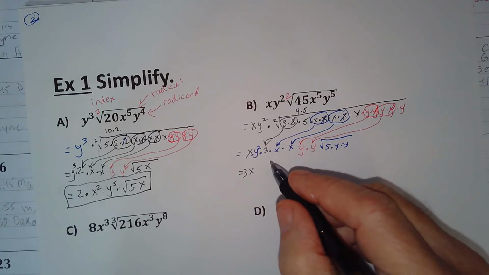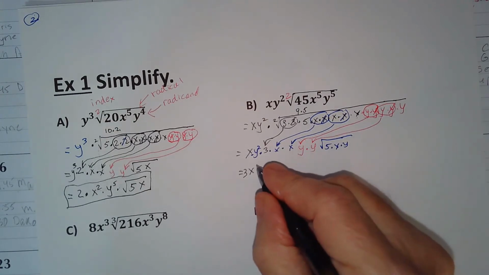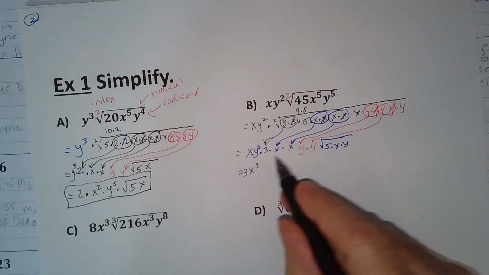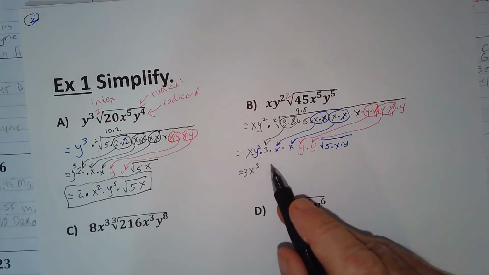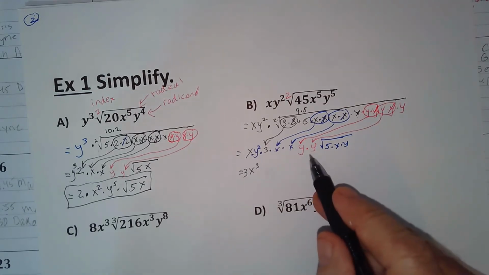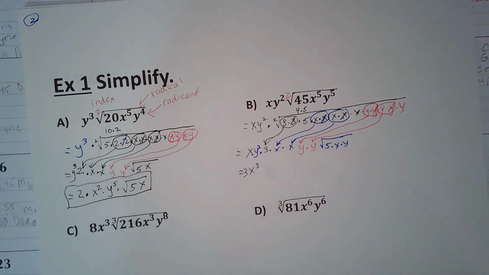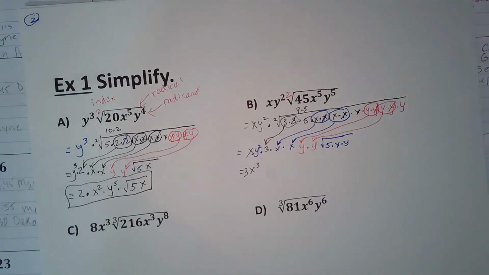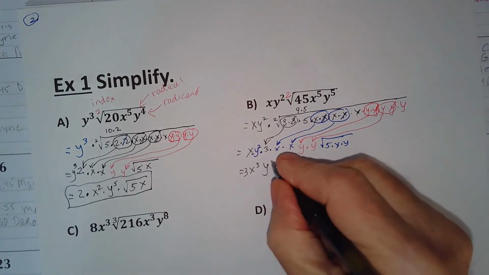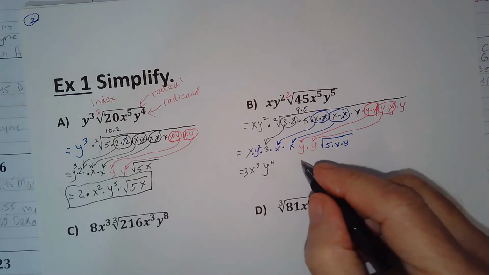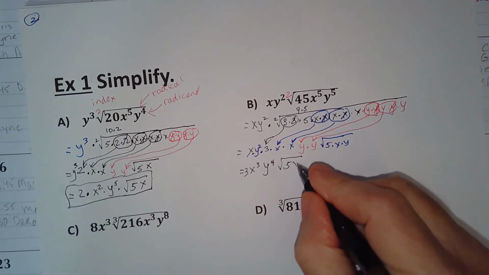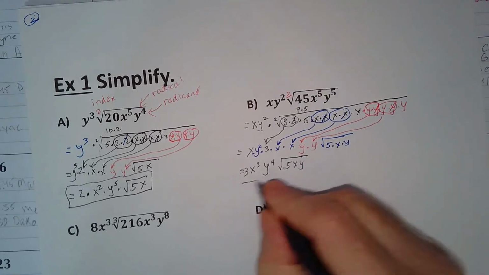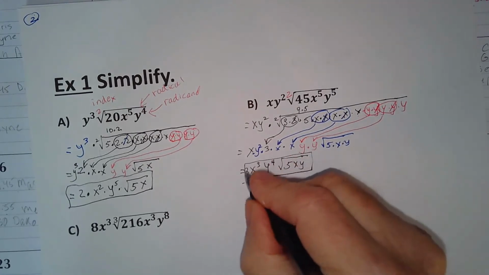So that's x to the 3. Okay, so we've got to make sure we get all our x's together. Then we have y squared here, and we have 2 more y's, so that's y to the 4th. Let's just leave it the way it is. Y to the 4th, since we're down at the end of this. And then we have the square root of xy. Okay? And that is our answer.